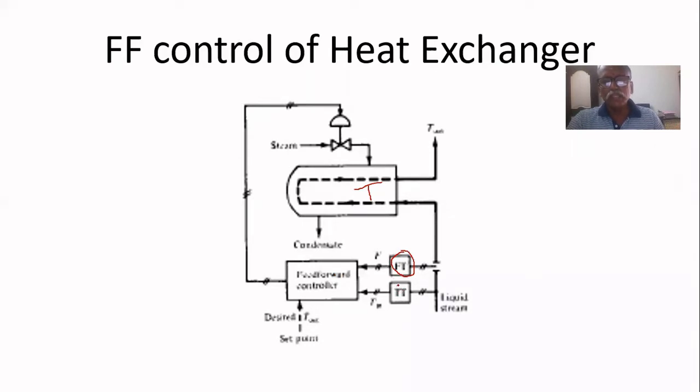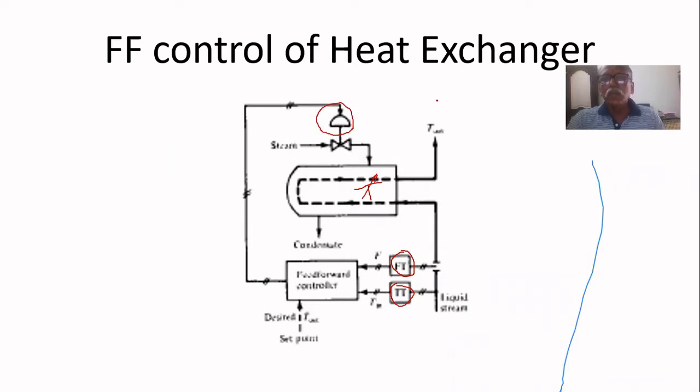And if there is any change in inlet temperature of the feed that is entering into the process, then also there will be a deviation in the controlled variable. That's why another feed-forward controller is designed. Both have the same manipulated variable that regulates this valve.